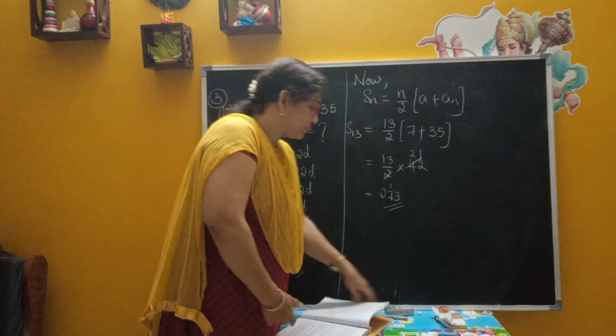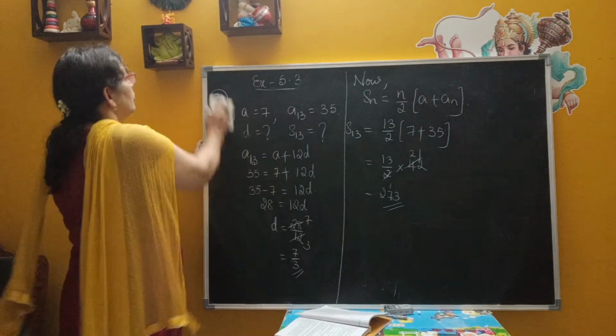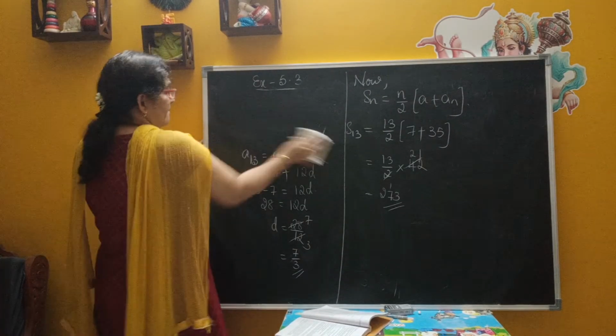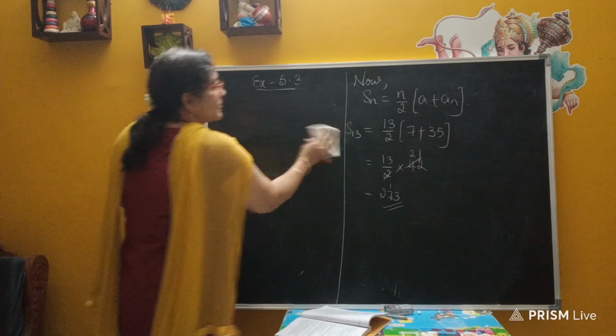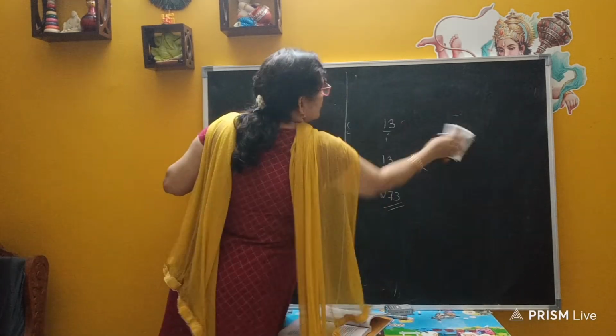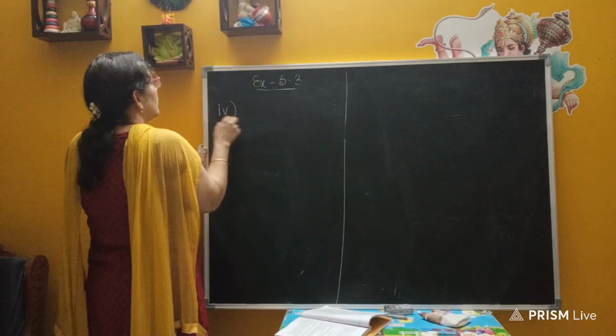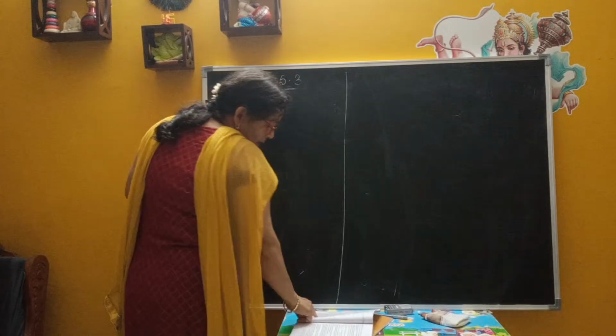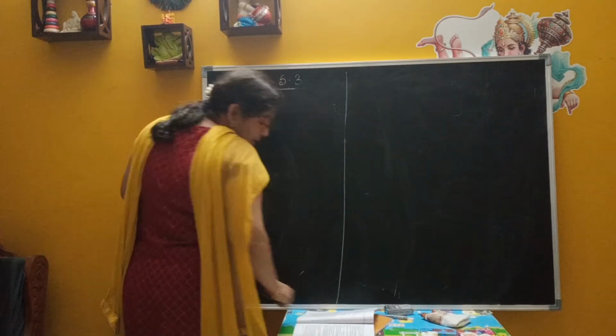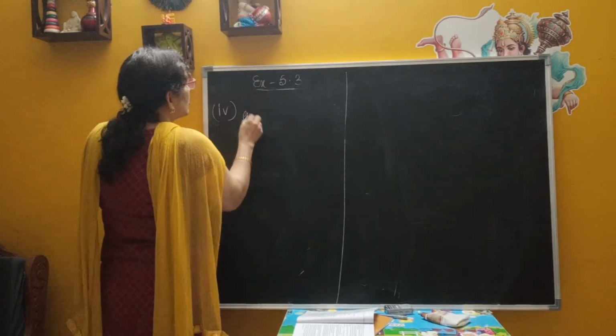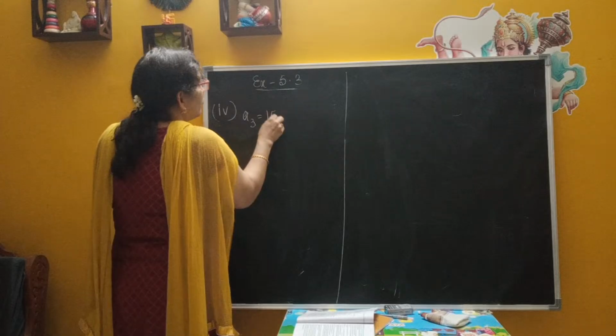Given, the fourth one is A3 is equal to 15.